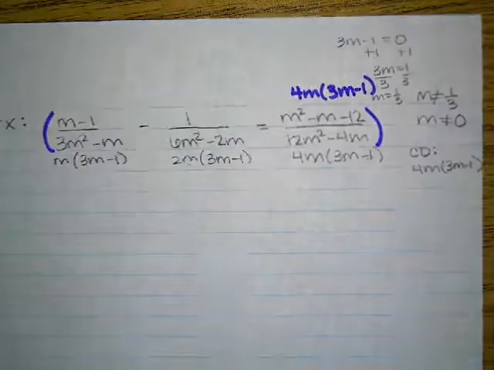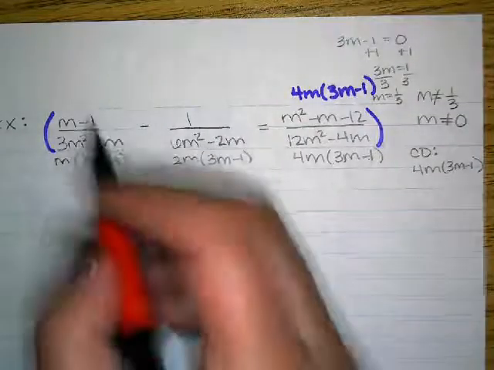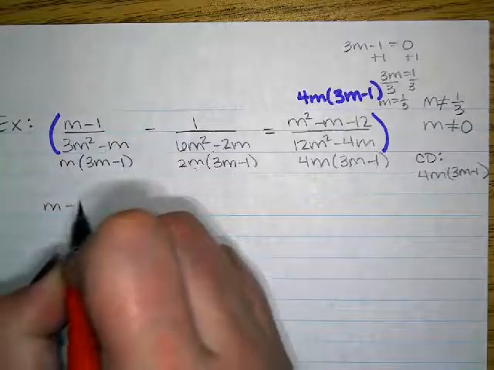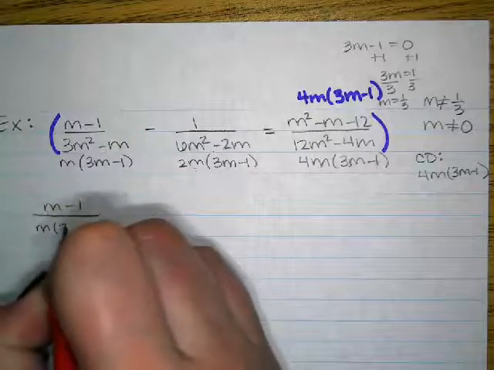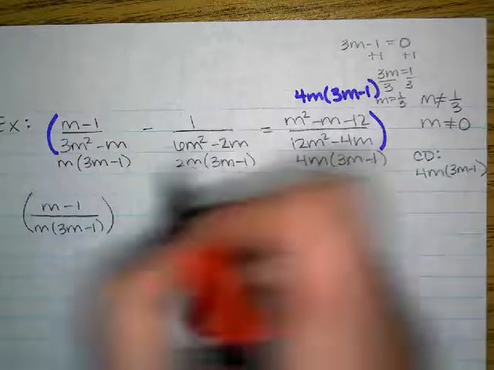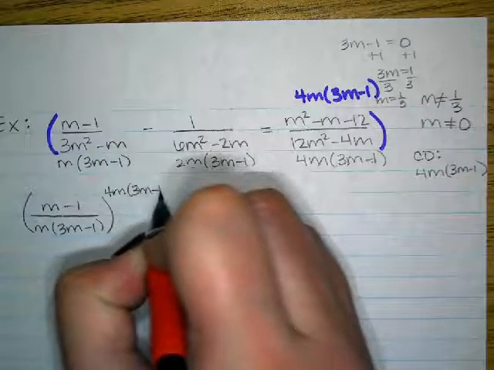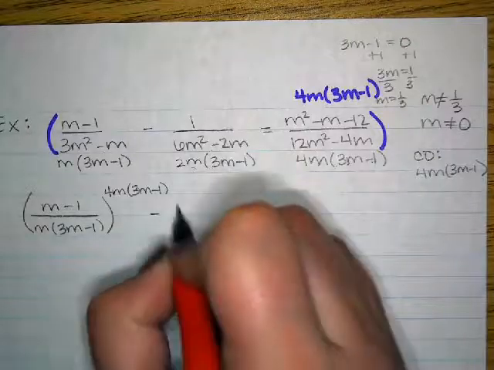So when I write each of the fractions, I'm going to write the denominator in the factored form because I want it to be easy to cancel. So there's the first one times 4m, 3m minus 1. Do you guys see how I'm writing it so it's easy to cancel? Minus 1 over 2m times 3m minus 1.